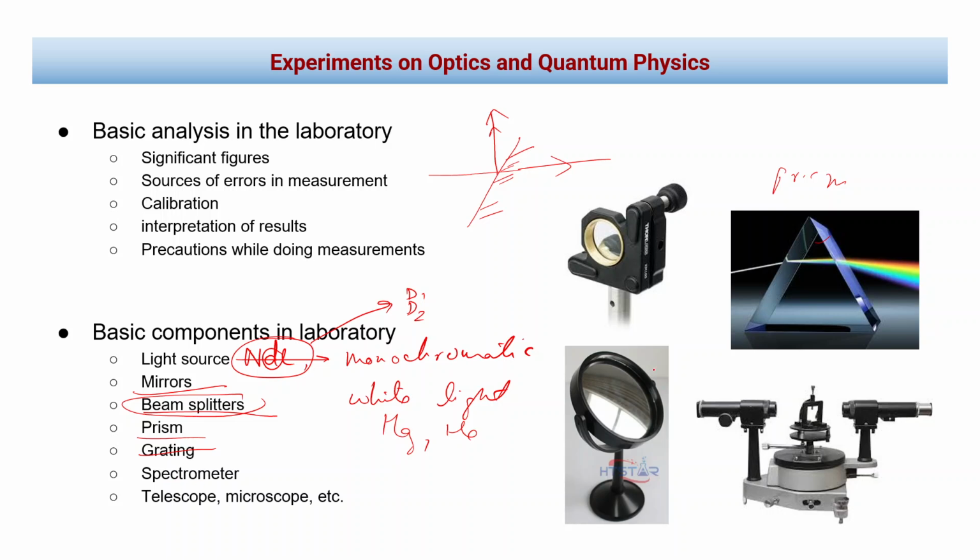Then the spectrometer. This is what we call a spectrometer, very important. At the center we usually keep our prism. From the collimator side, we get the incident light which falls on the prism, or we may be doing some experiment with a grating, for which this is a stand in which we will keep our grating.